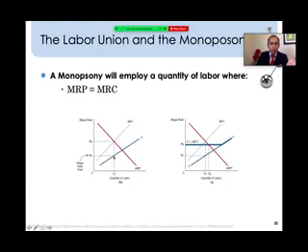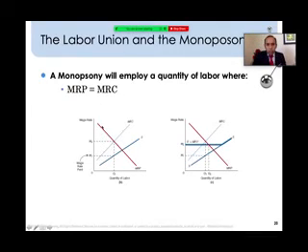And it will hire this quantity of labor, and for this supply of labor, it's going to actually pay a wage rate that is below the indicated MRP. This is important because this helps explain why some teachers may be underpaid.